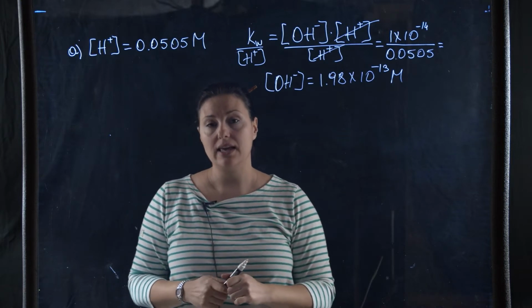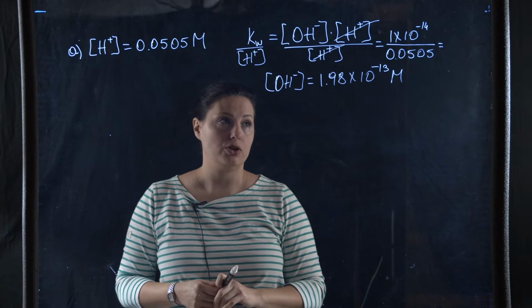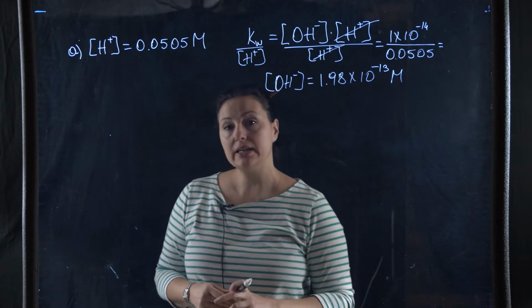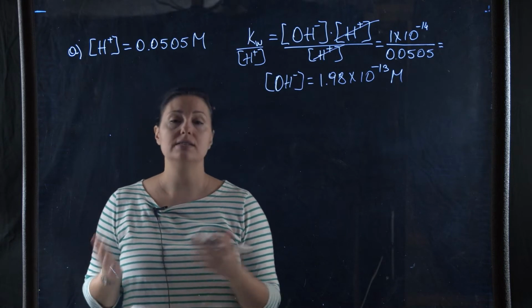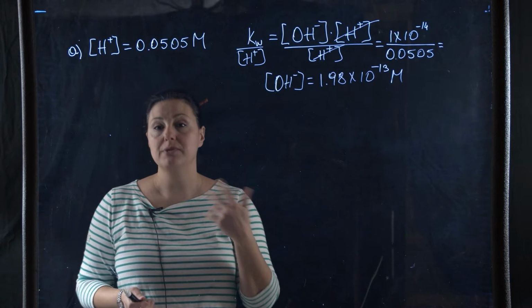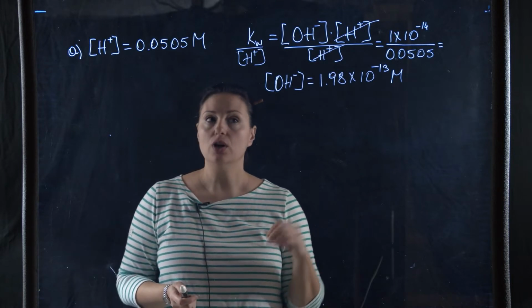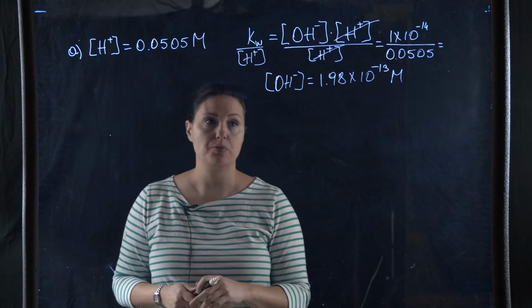Obviously, this is not the case, so this isn't a neutral solution. Now, in an acidic solution, the concentration of H plus is larger than the concentration of OH minus, and the opposite is true. In a basic solution, the concentration of OH minus is larger than the concentration of H plus.